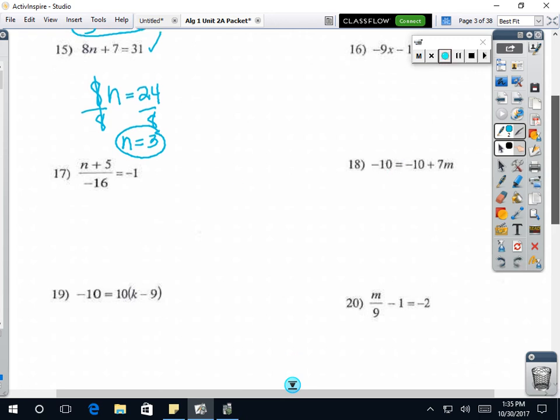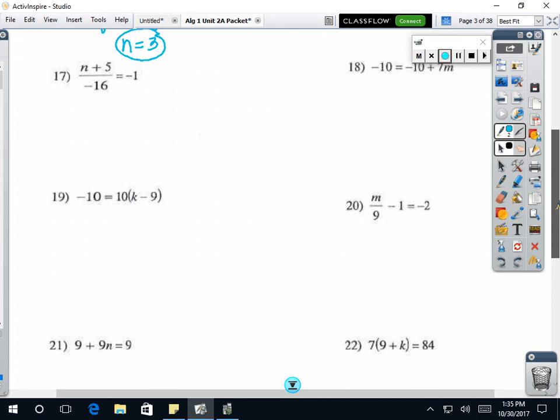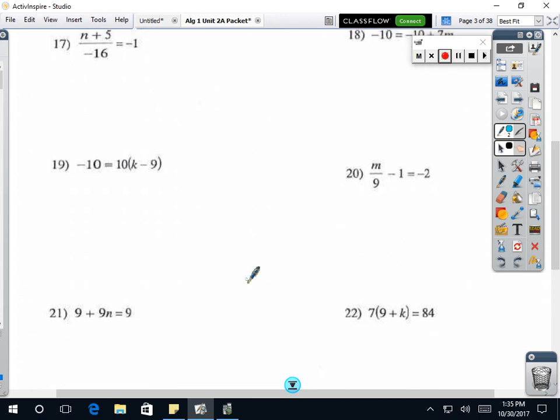All right, number 17. What do I do first? Right, get this negative 16 out of the bottom by multiplying by it on both sides. Those cross each other out because anything divided by itself is 1, and you don't have to write a 1. And then on the right side you get, right, positive 16.